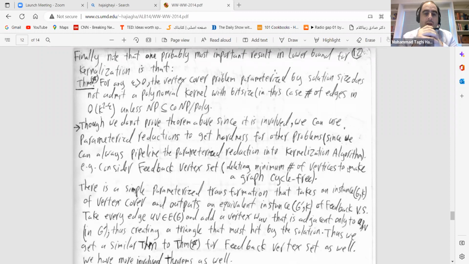Now, what about kernelization? We also discussed at the beginning of the class that a problem has a fixed parameter algorithm if and only if there is a kernel, and a kernel is a sketch of the solution. Instead of solving the problem on the whole n-vertex graph, you get another instance of size g of k.